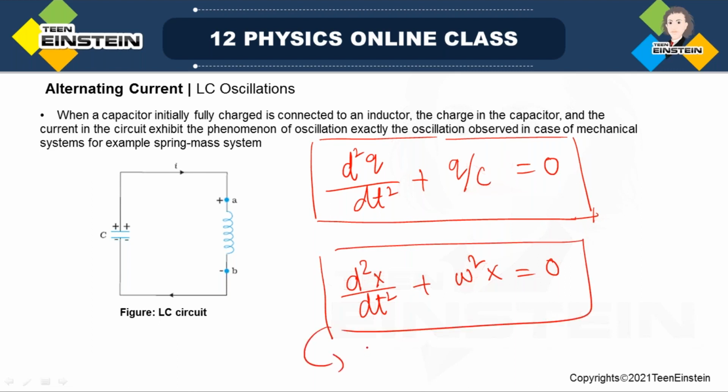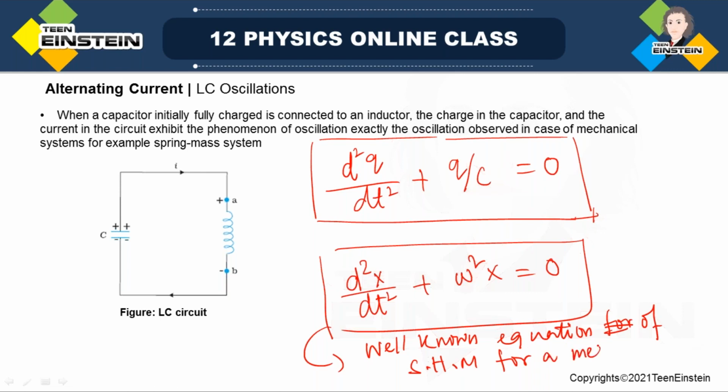Okay, so this is the well-known equation for simple harmonic oscillation, SHM, the equation of SHM for a mechanical system.